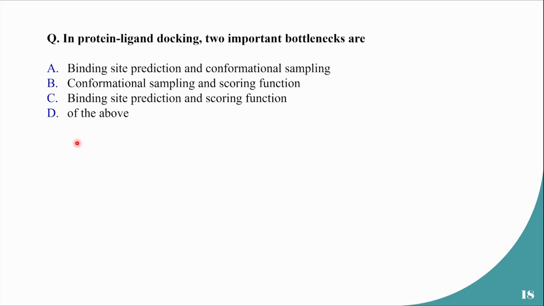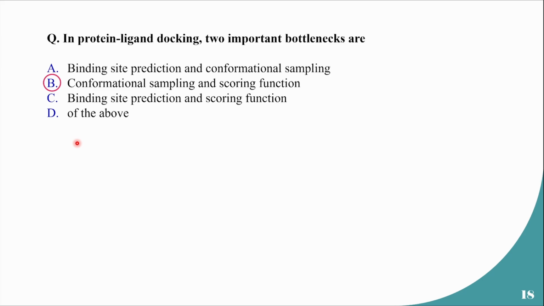I see also A and C. In this particular case, binding site prediction is definitely important, but that is usually not part of protein ligand docking. So the two important bottlenecks are conformational sampling and scoring function.